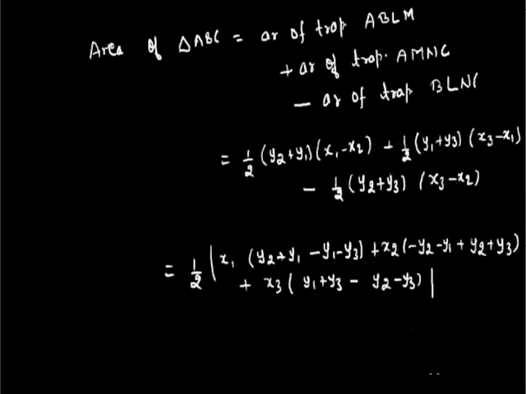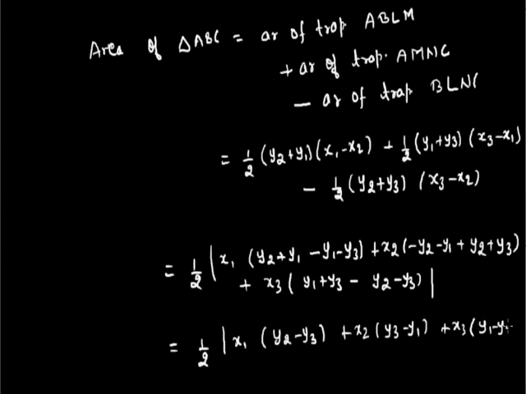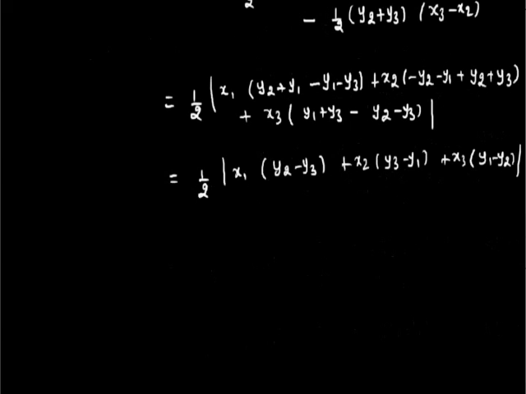So this will give us half modulus of x1 (y2 minus y3) plus x2 (y3 minus y1) plus x3 (y1 minus y2). So this is the area of triangle ABC.